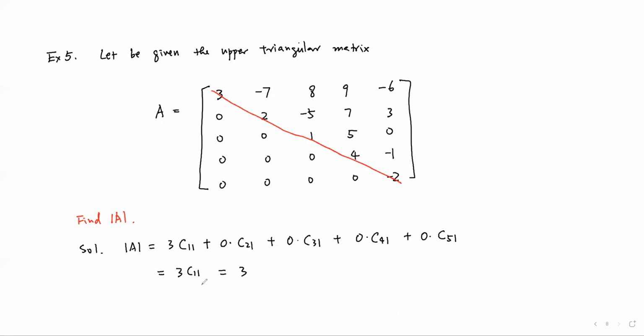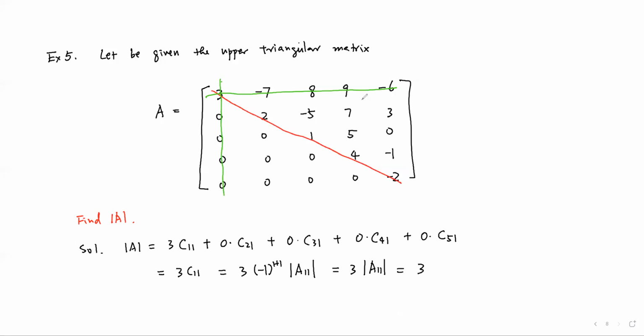By the formula for capital C, it is negative 1 to the 1 plus 1 times the determinant of capital A11. Negative 1 to the 2 is positive 1, so 3 times the determinant of A11. Then what is capital A11? To get capital A11, delete the first row and the first column.